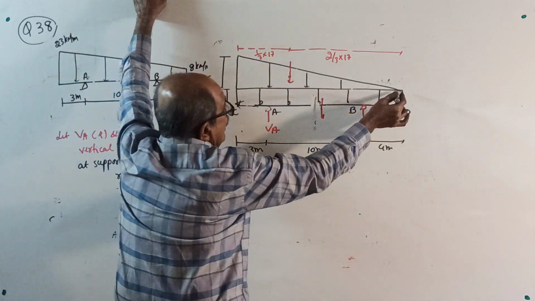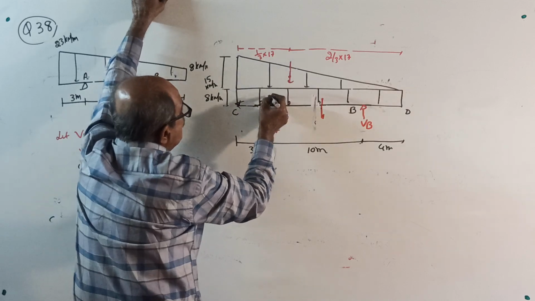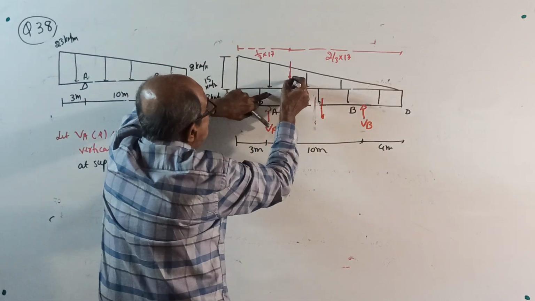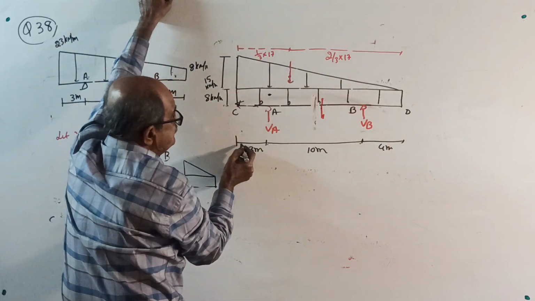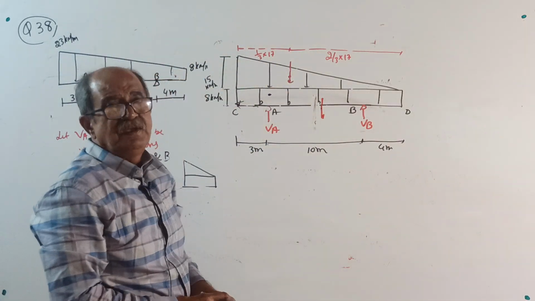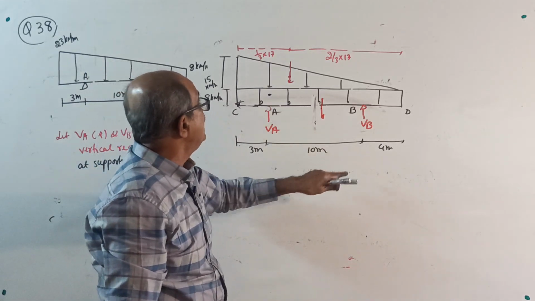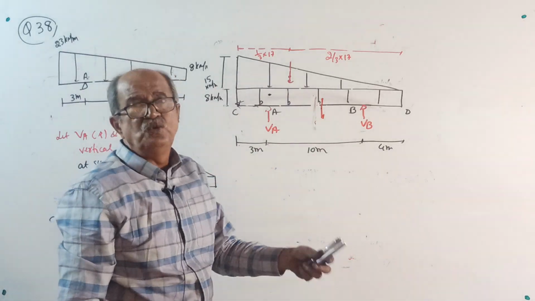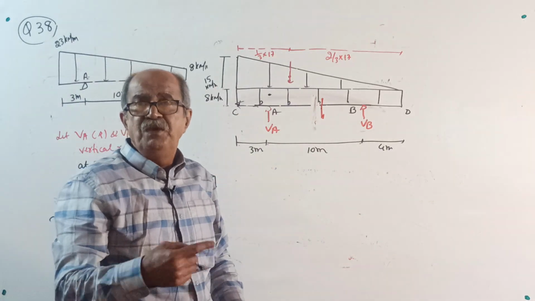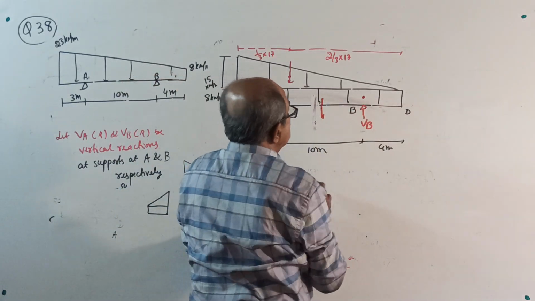Then half into 17 into 15 is the total load into, from A, we want this distance, that is 1/3 of 17 minus 3, you get VB. Sigma V equals 0: VA plus VB minus 8 into 17 minus half into 17 into 15 equal to 0, you get the value of VA.